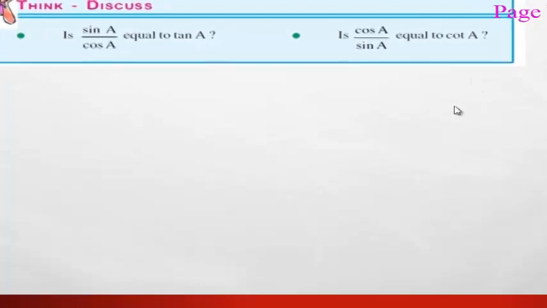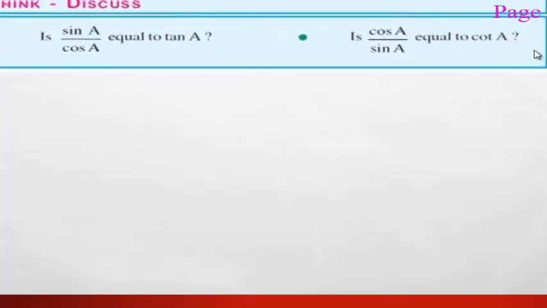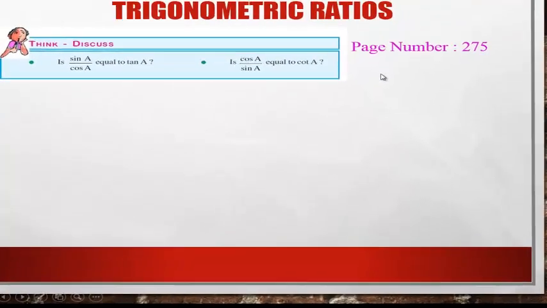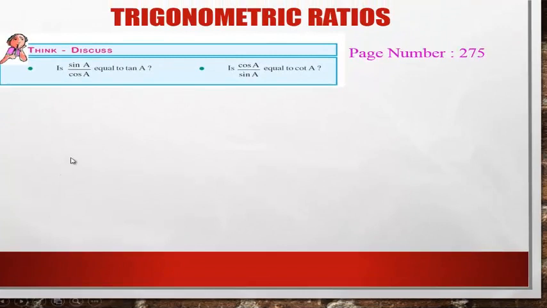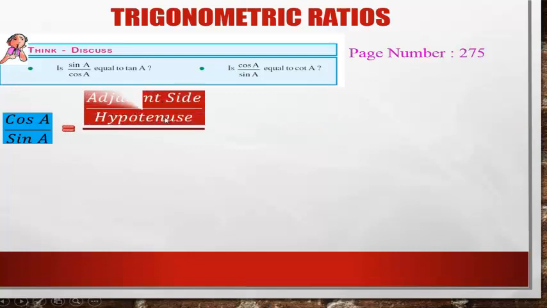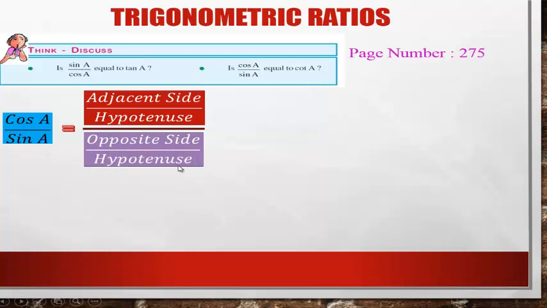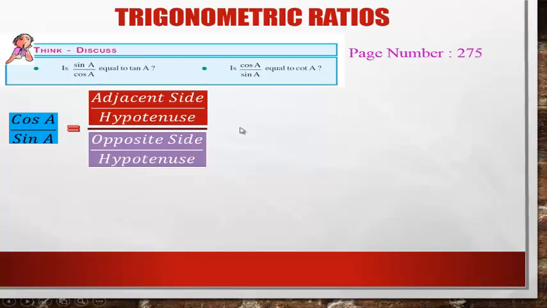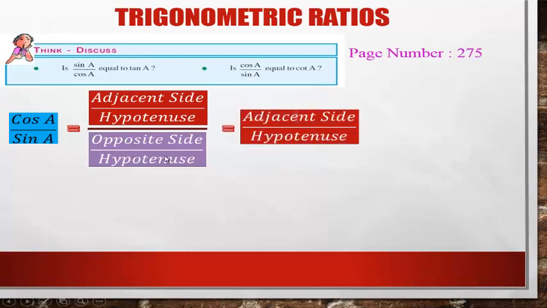Now let us see the second problem. Is cos A by sin A equal to cot A? Let us see. Cos A means adjacent side by hypotenuse and sin A means opposite side by hypotenuse. These are the two fractions. The below fraction is dividing the above fraction. If it is multiplied by the first fraction, the below fraction becomes reversed.